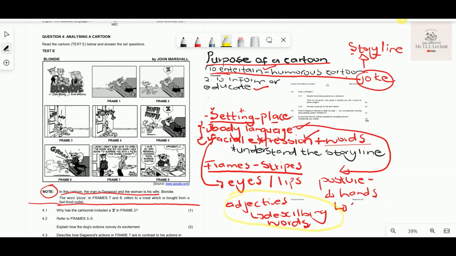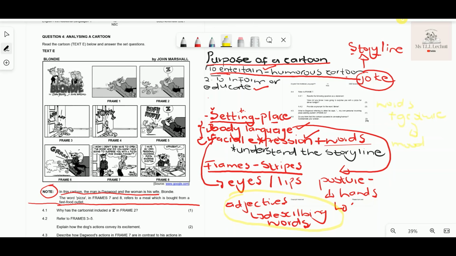So in essence, what I'm going to teach you today is that the words of the character must match the gestures from body language and facial expression. Ultimately, it will give you what? The mood of the character. You can't say that the character's mouth is wide open to show that the character is sleeping, that's a contradiction.